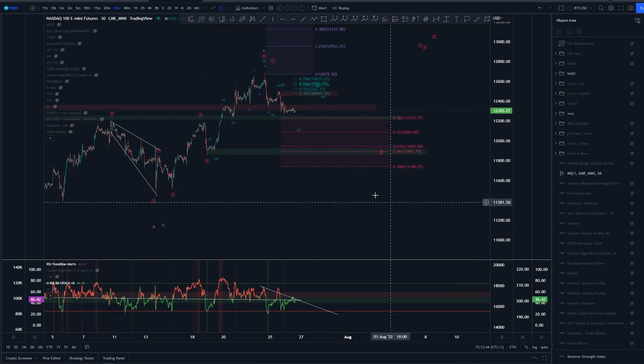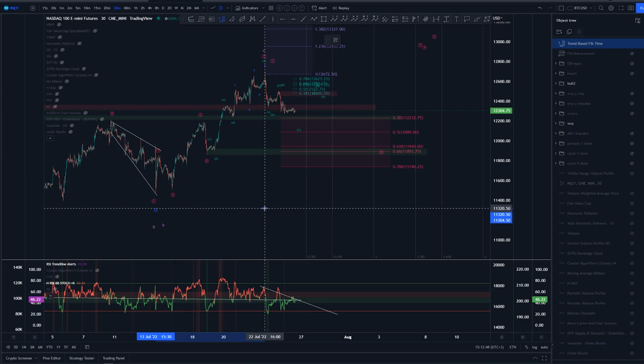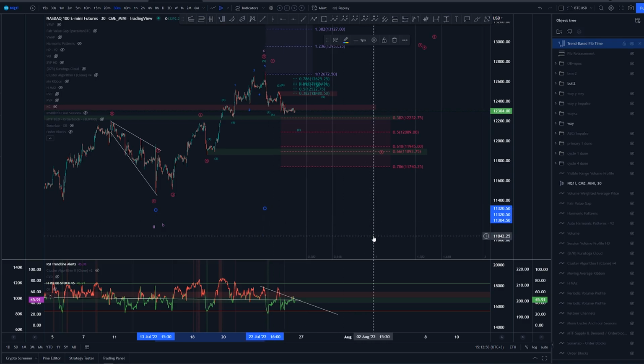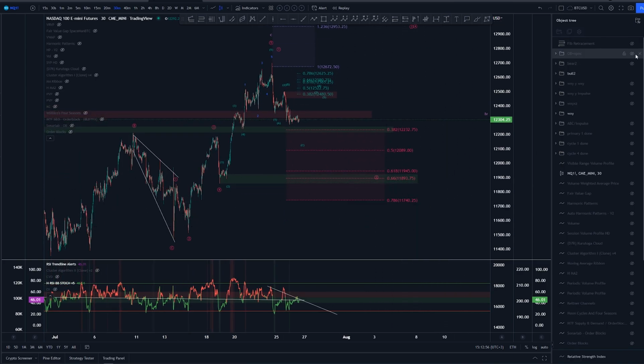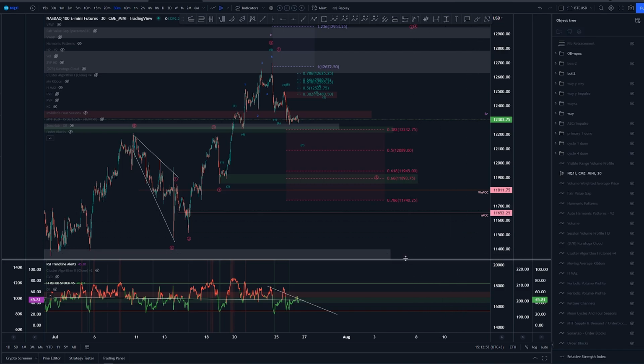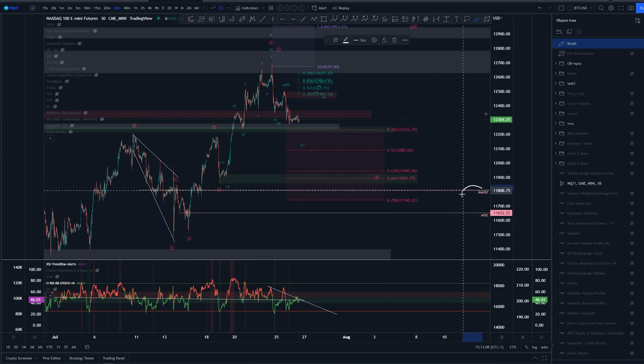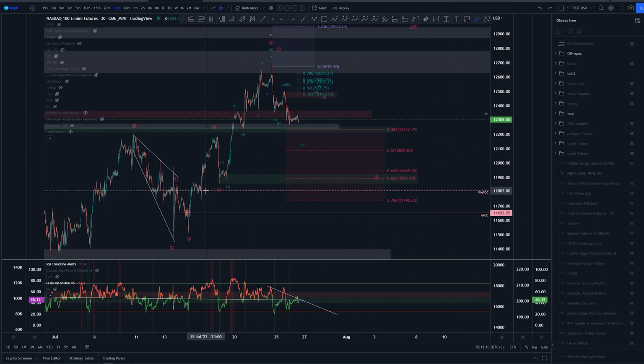However, we don't want it to use too much time either, so we could be looking at this, and a 1-to-1 extension would be around August 2nd. At that point, we definitely don't want to see it taking longer. So yeah, the golden pocket with this order block from previous lows is definitely a good area to look for long setups, and the weekly naked point of control just below it around the 11.8k as well.